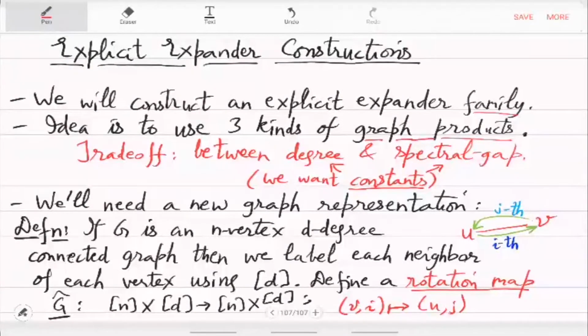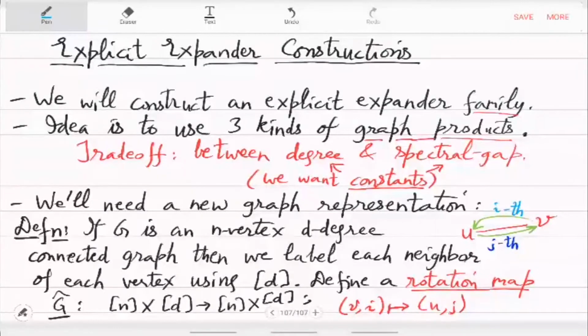So you should read it as: v is the ith neighbor of u, and u is the jth neighbor of v. Yes, so you should read it as the ith neighbor of v is u.